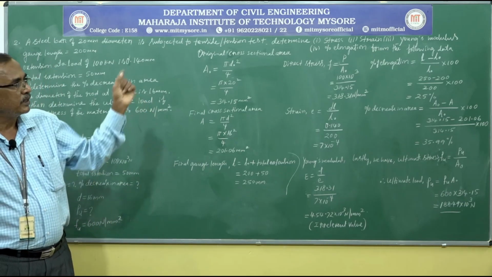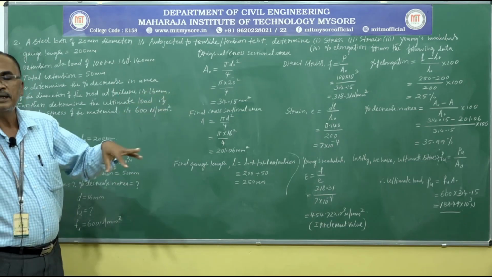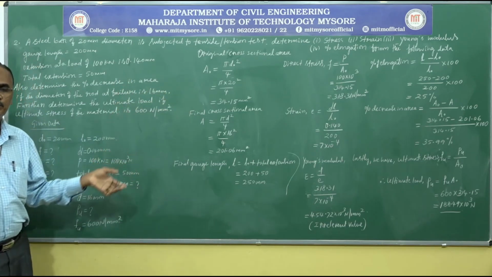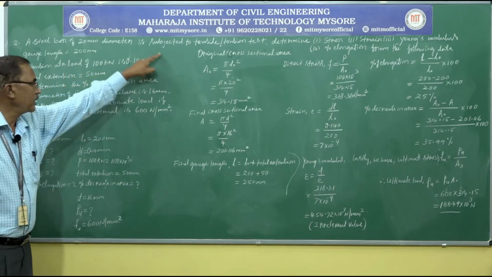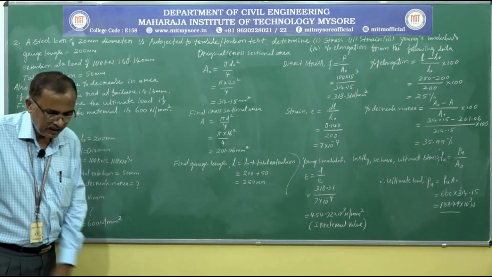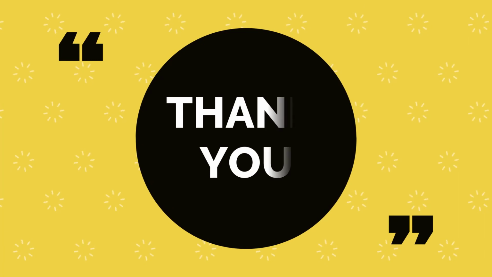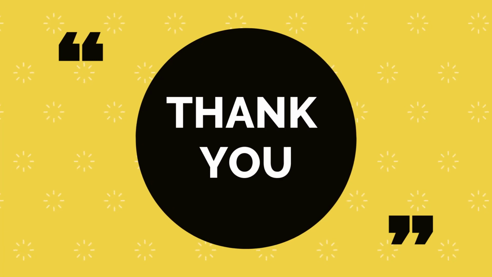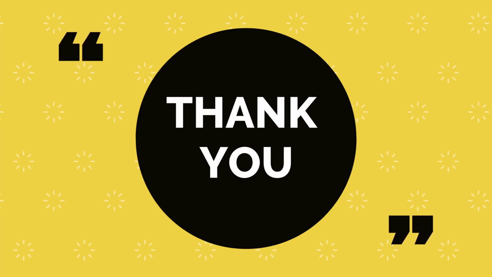So original length, final length, original cross sectional area, final cross sectional area, and the change in length corresponding to load. Of course, in this problem only one load is given, and corresponding to this load only we calculated the direct stress, then Young's modulus, and even strain also. For more problems, you can refer to the notes provided on the website. And also we can discuss if there are any doubts.